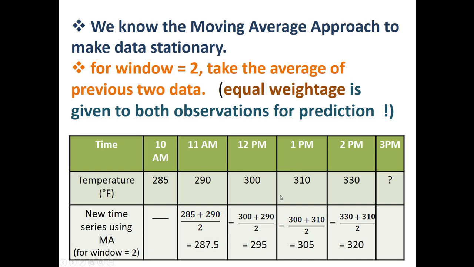In the moving average technique, since you are taking the average of the first two, then the next two, and so on, for each input an equal weightage is given to the next forecast. So for window equal to 2, equal weightage is given to both. But practically this is not the case.